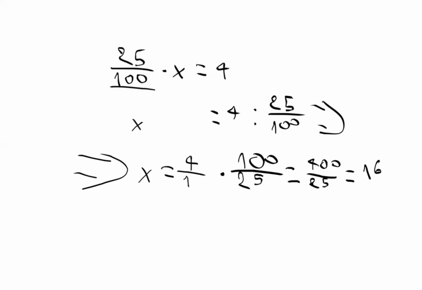If we replace x in our original equation with 16, that would leave us with 25/100 times 16. I'll make it first so it's just easier to understand. We know that it should be 4.